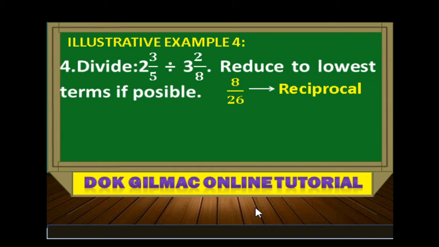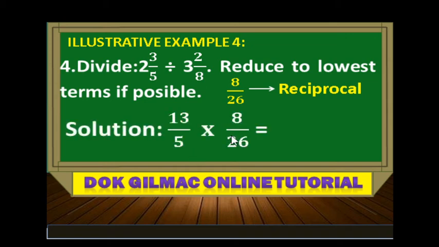Then we can now perform multiplication. 13 over 5 times 8 over 26. 13 and 26 have a common factor of 13. So we can cancel out 13 divided by 13 is 1. 26 divided by 13 is 2.